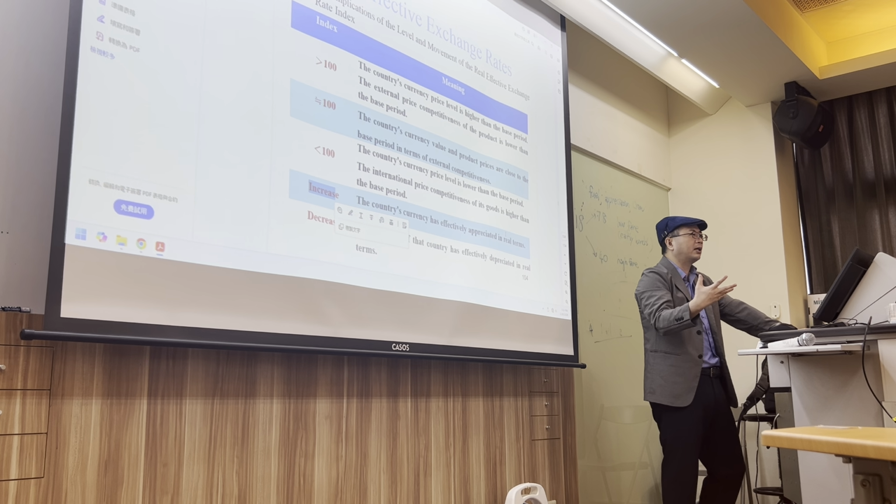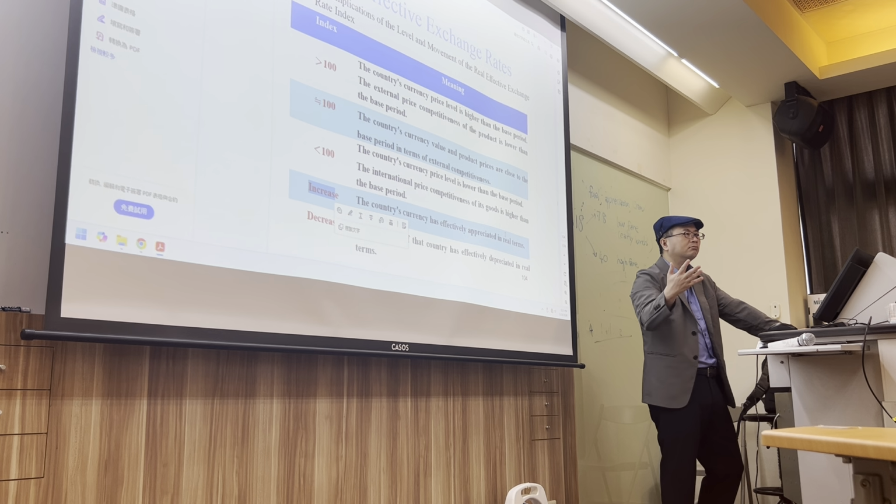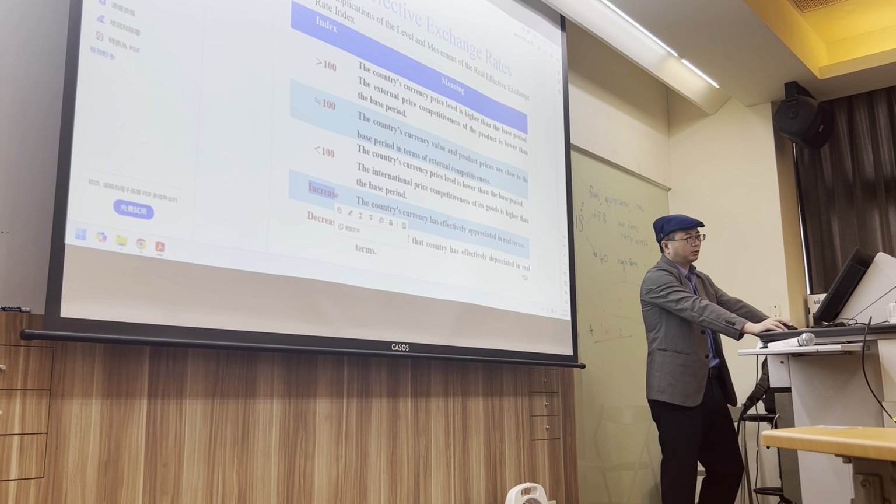If Taiwanese goods become more expensive than products from Japan and South Korea, how good could that be for Taiwanese exports? And if the impact is negative and more adverse, what could happen to Taiwan's GDP and economic growth in the aftermath?